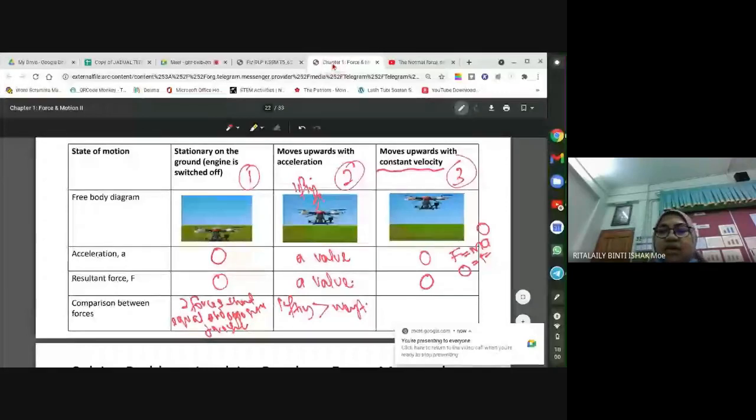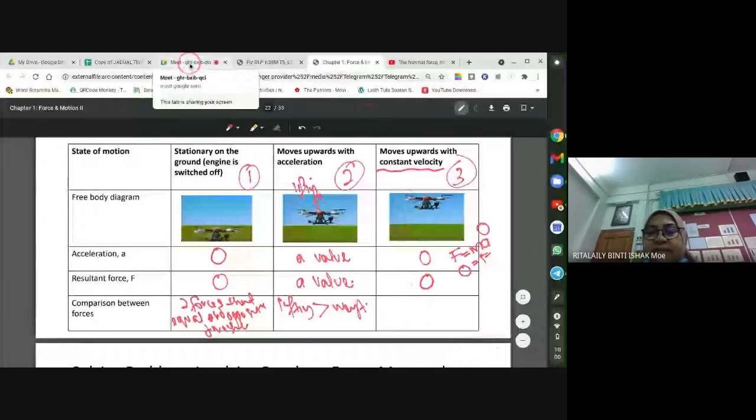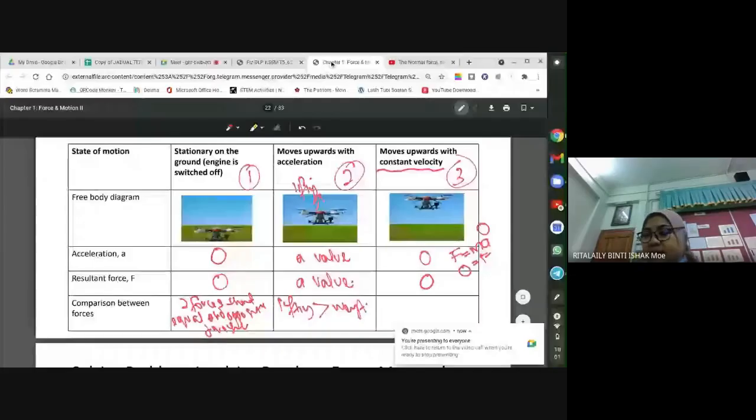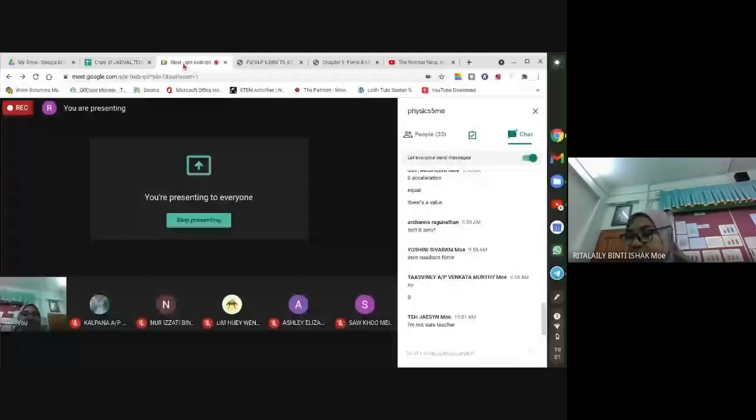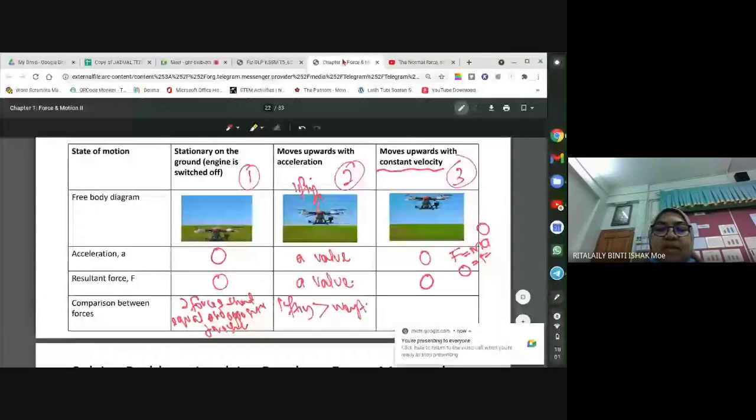Can you write your answer in the chat area or you can switch on your mic? Can Yoshini help Tejasin? Okay, Tejasin is not sure. Can Yoshini help Tejasin for the answer for the comparison between forces?